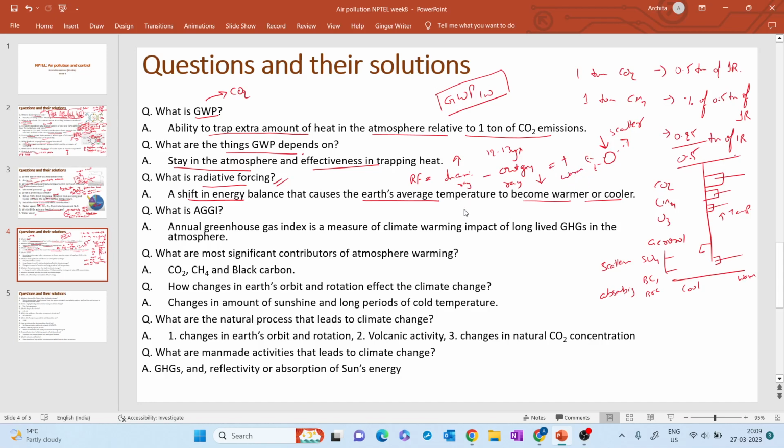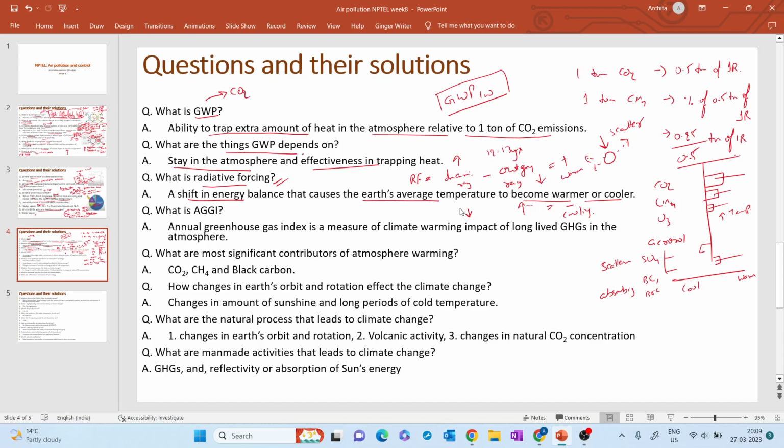But if the rays coming are fewer, let's say 10 rays are coming, but because of scattering 20 rays are going back, so the infrared radiation going back is more and the UV visible ray coming is less, it leads to cooling. That is what you call radiative forcing, the balance between the incoming and outgoing radiation, determined by how absorbing or scattering different pollutants are.